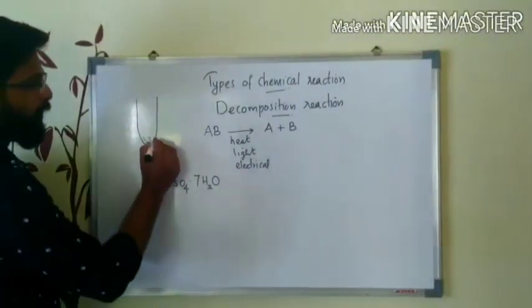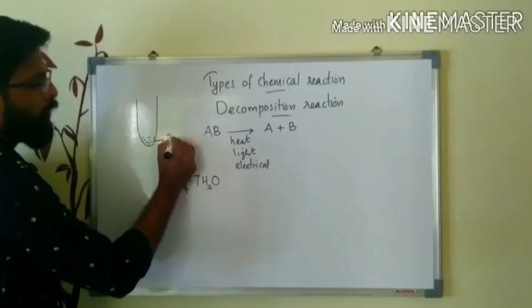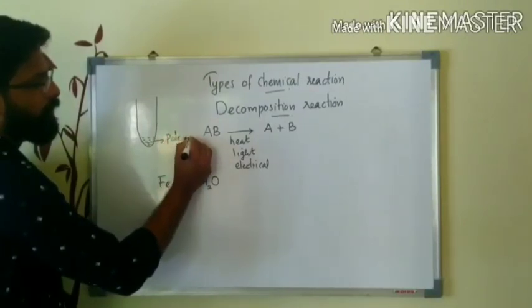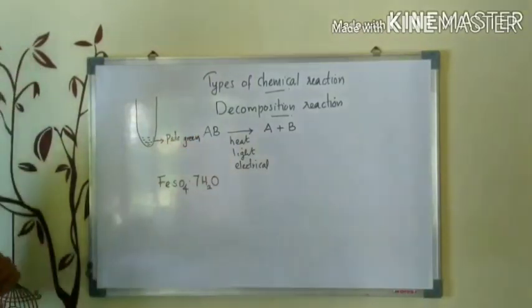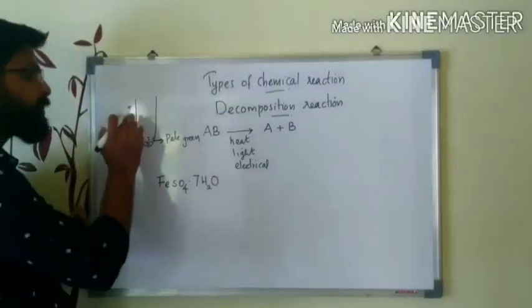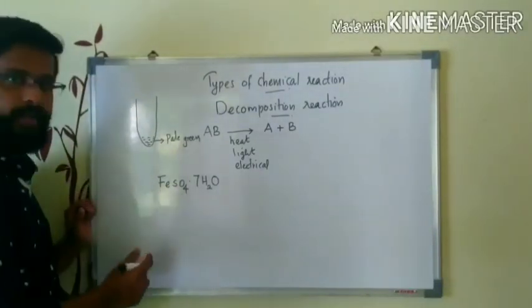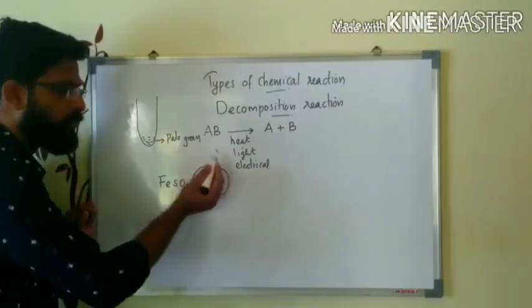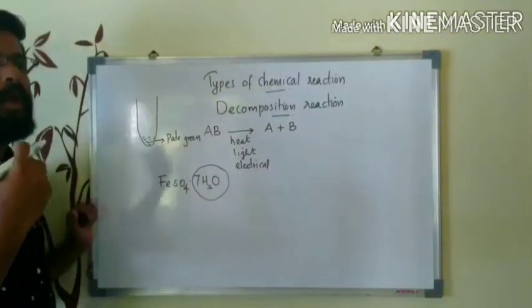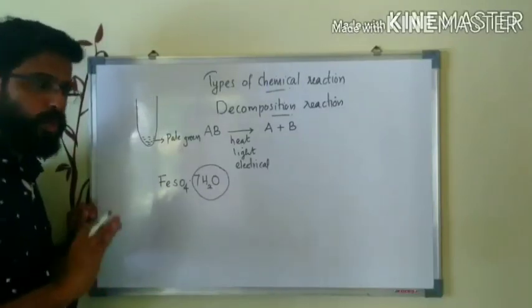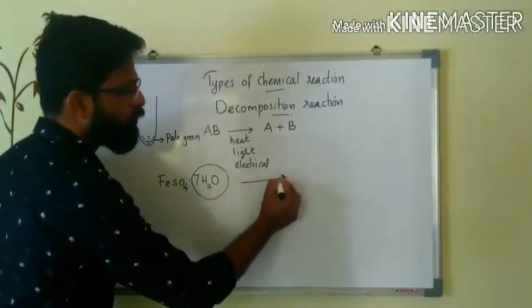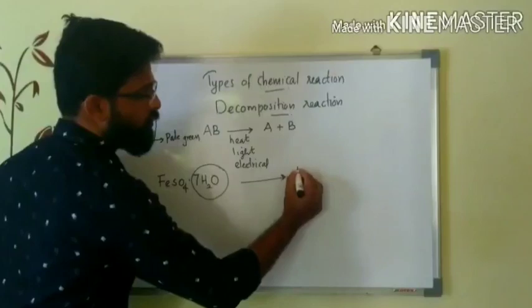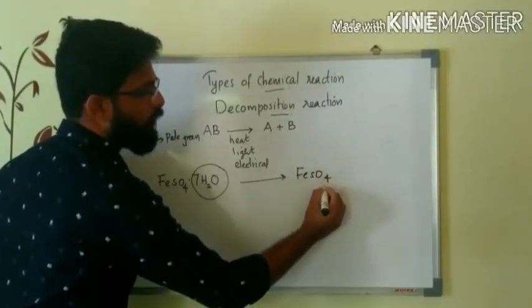The color of ferrous sulfate is pale green. On heating this ferrous sulfate, the water of crystallization, the water molecules present in it, will evaporate out.